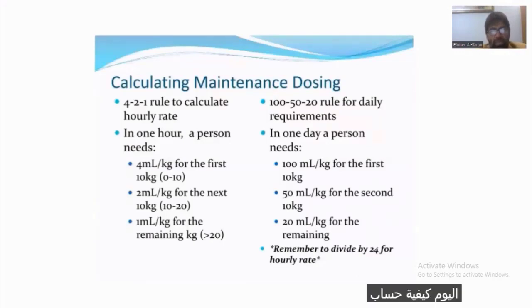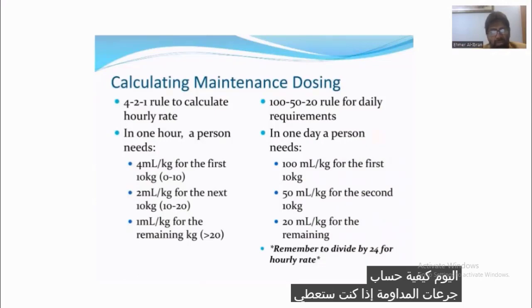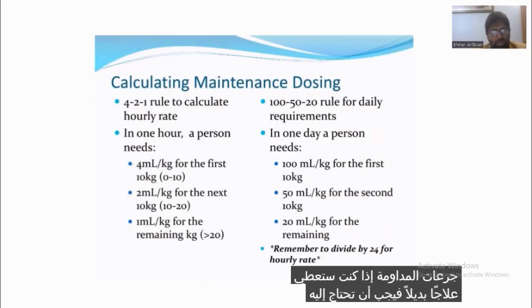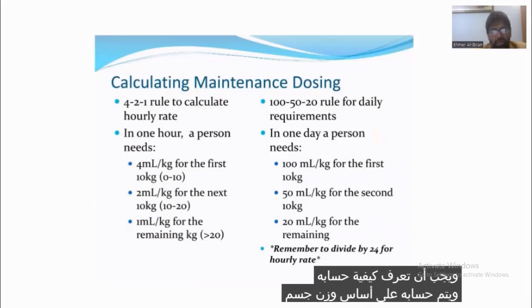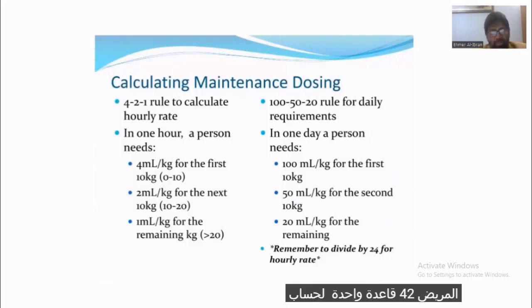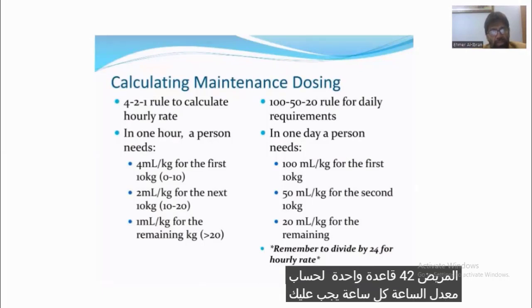How to calculate the maintenance doses? If you are going to give replacement therapy, you must know how to calculate it. It is calculated on the basis of body weight of the patient. 4-to-1 rule to calculate hourly rate.